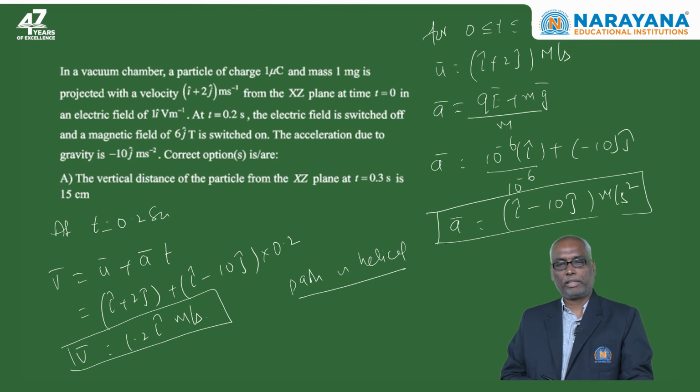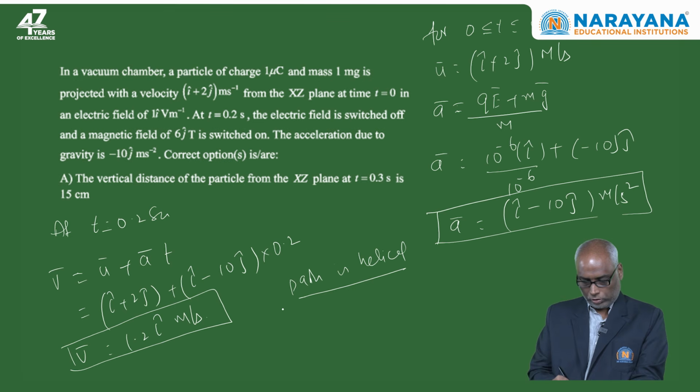So when you want to calculate the distance traveled up to t equals to 0.3 seconds, we can use the formula. Initial velocity at t equals to 0 is 2 meter per second. Only acceleration along the vertical direction is minus 10. So if you want to calculate displacement along y-axis, I can use the formula y is equal to uy t minus half g t square.